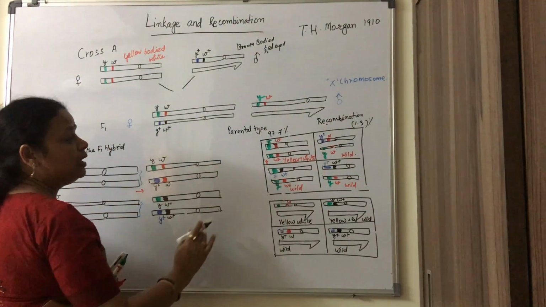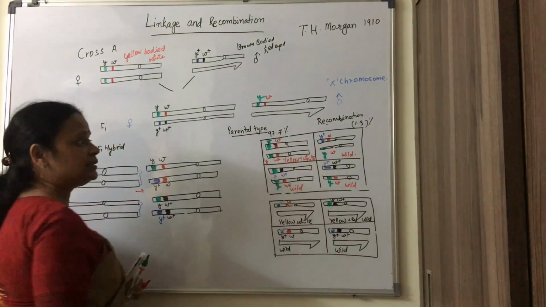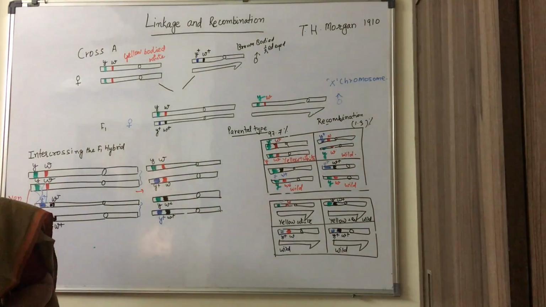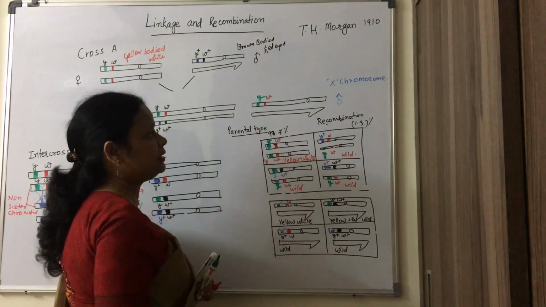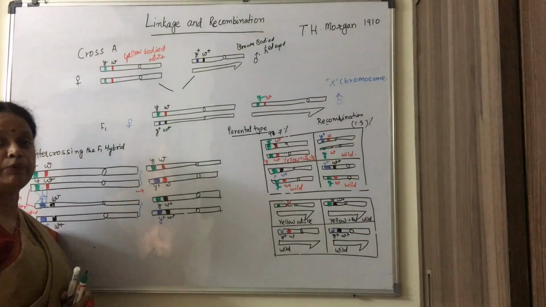So in this result, he obtained parental type as 98.7% and the recombinants were 1.3%.